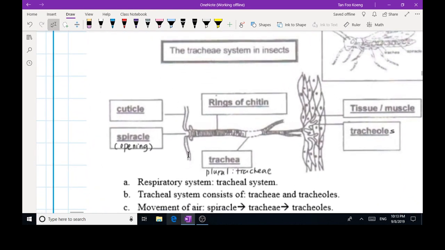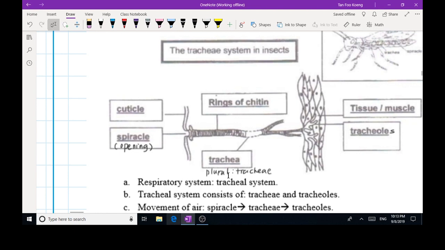Now, let this one be the wall of the abdomen, and this is a spiracle, and normally there will be valves here. In case they were submerged in water, they are able to close the spiracle, preventing the water from oozing in the tracheal system. And then going in, this tube is known as trachea.